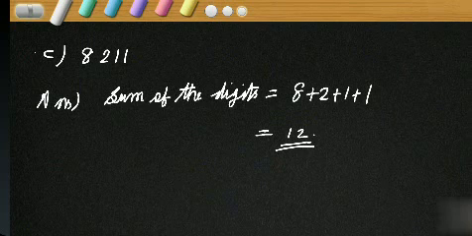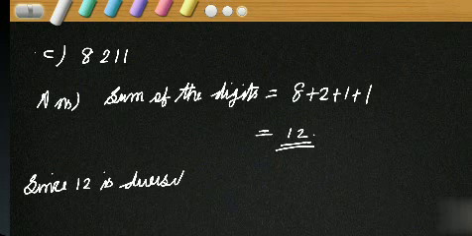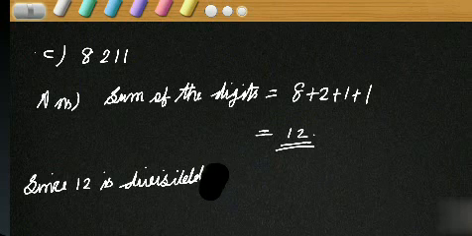Write down: since 12 is divisible by 3, the given number 8211 is also divisible by 3.